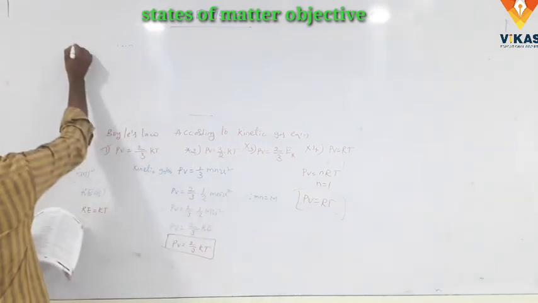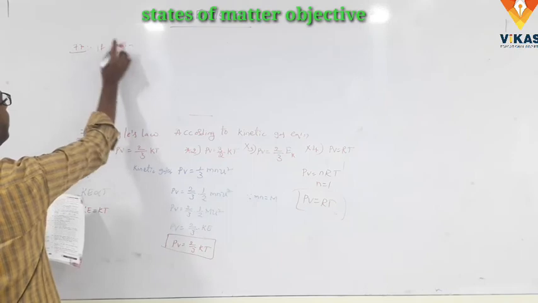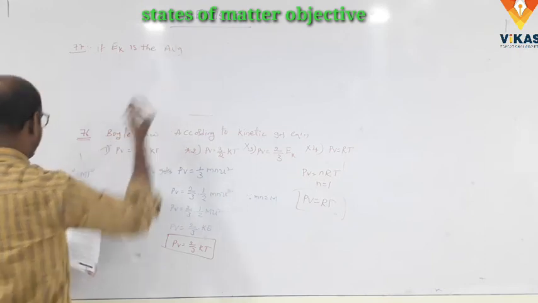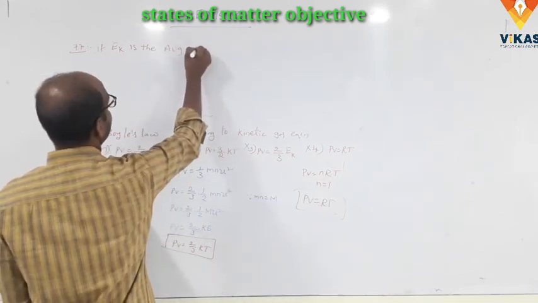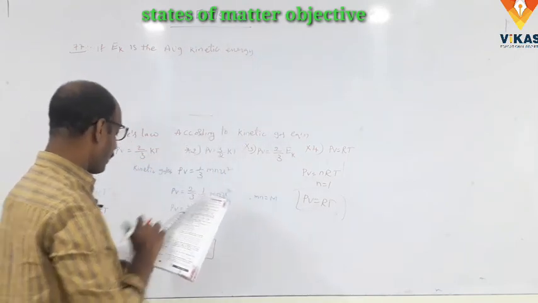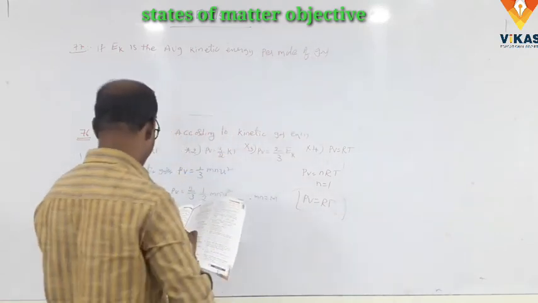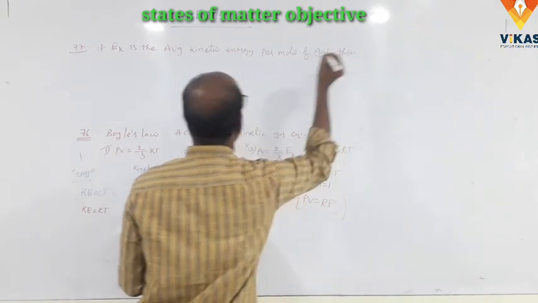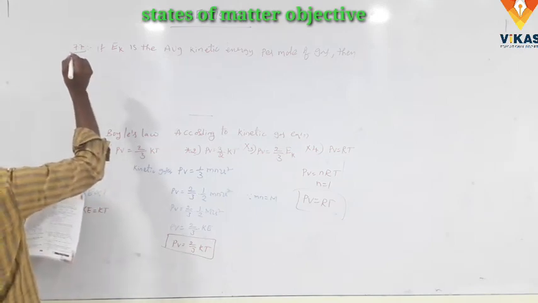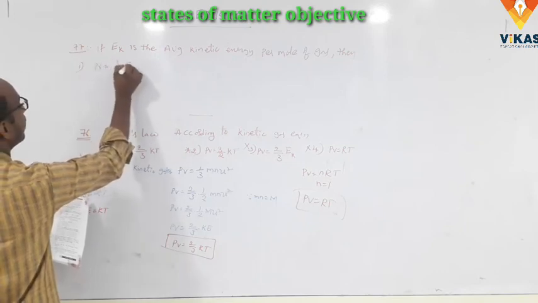Question 77. If Ek is the average kinetic energy per mole of gas, then there are four options. Option 1: PV is equal to 3/2 Ek.